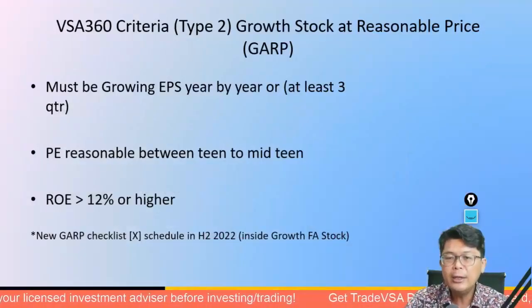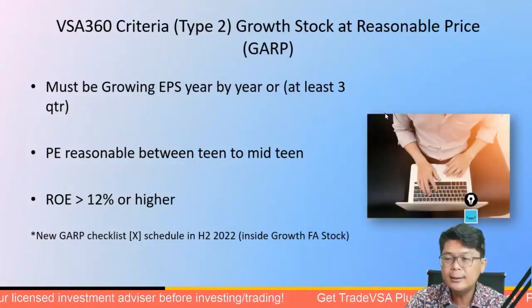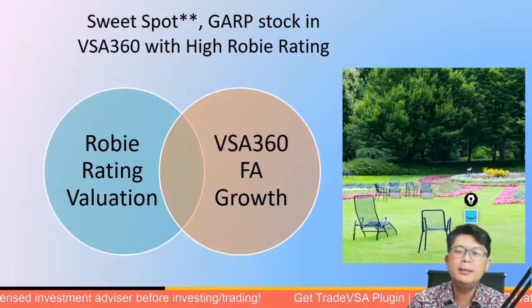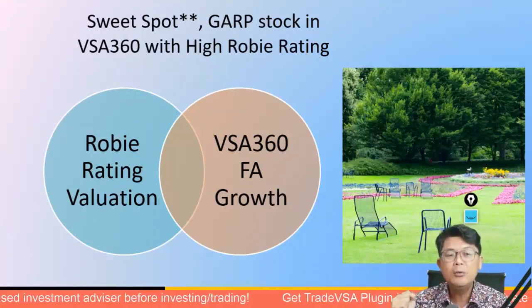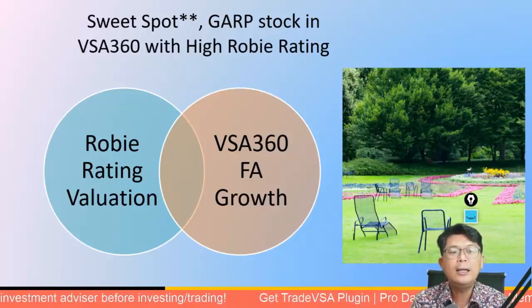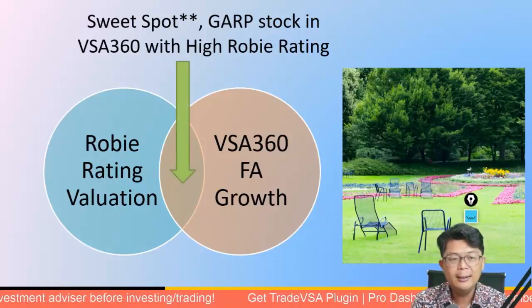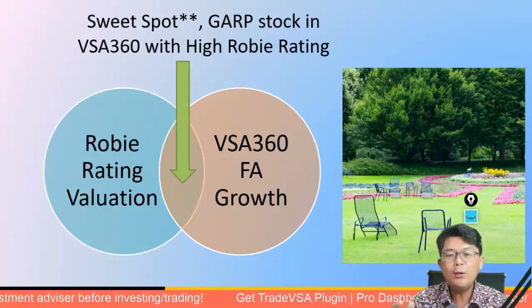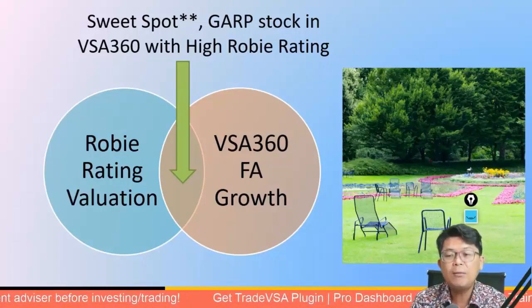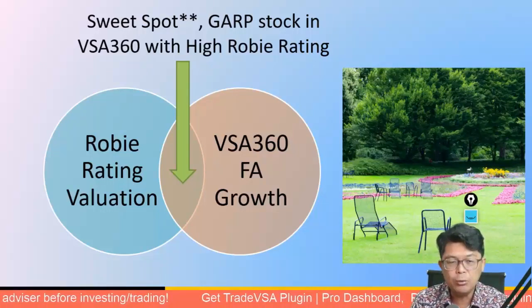So now you know this, the sweet spot. The sweet spot is basically to find the VSA 360 growth together with Robie rating. You want to find a Robie rating as high as possible, but it must come from the VSA 360 FA growth.